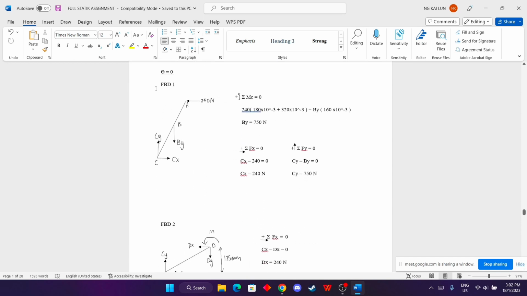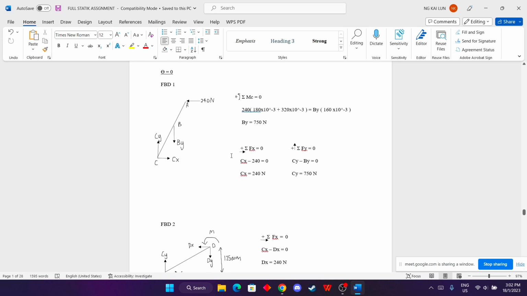We proceed to FBD 1, where theta equals 0, and then we take the moment at C, where the equation is moment C equals 0. Then 240 Newton times the vertical length, and we got the final answer By equals 750 Newton.